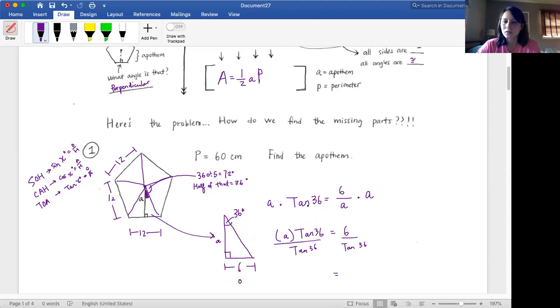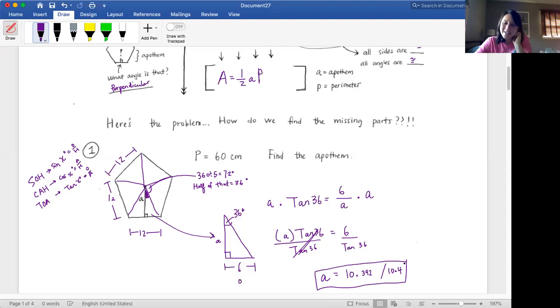So this cancels, and what we have left is 6 divided by tangent of 36. You're just going to plug that in, which ends up being a decimal, about 10.4. If I round it, 10.392. So 10.4. Okay, that's the apothem.